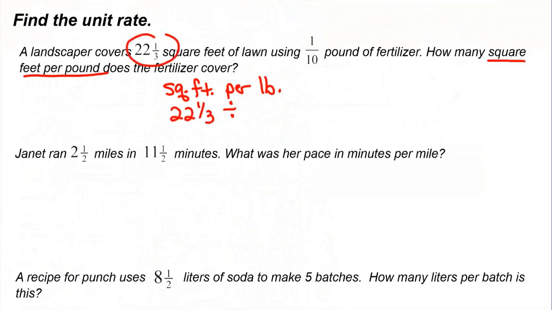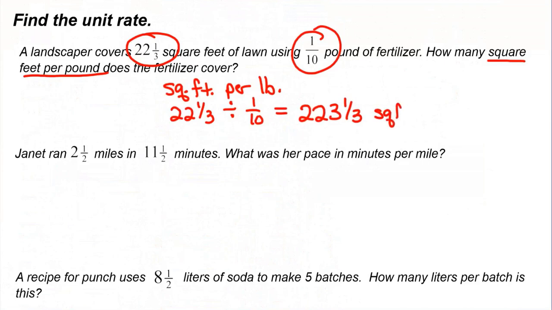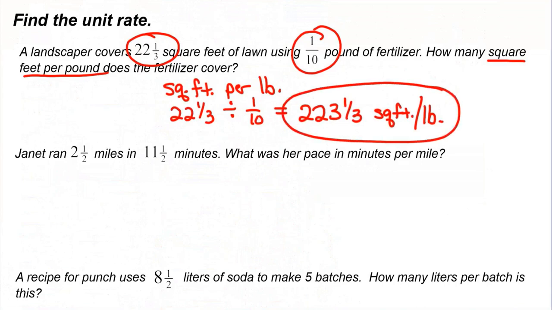That's right here. And it's 1/10 of a pound. So I would take 22 1/3 divided by 1/10. And when I do that, I get 223 1/3. And the unit rate I was looking for was square feet per pound. And that's my answer. The fertilizer will cover 223 1/3 square feet per pound.